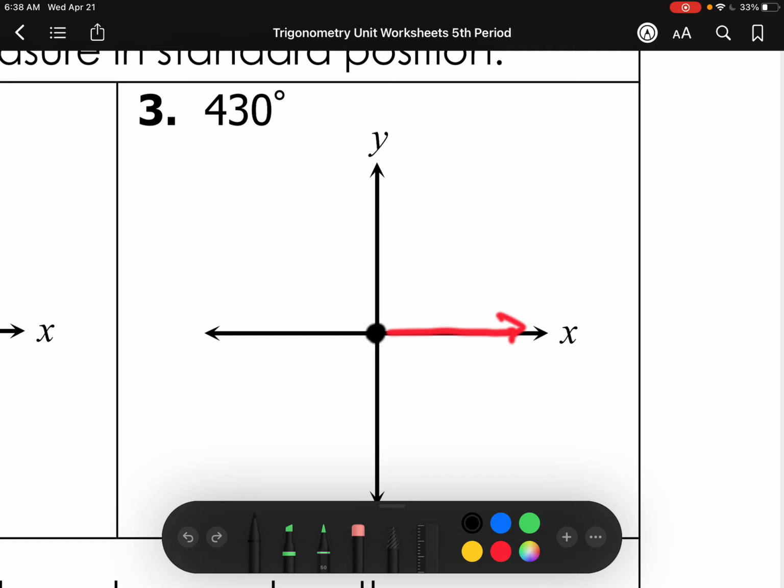So once we get back to our initial side, it's going to still rotate another 70 degrees. I'm going to estimate that it is going to land somewhere around here. Again, it doesn't have to be exact, but that's an estimate. The way that this rotates, it goes a full 360 and then ends right around there. So this is about a positive 430 degree angle measure.